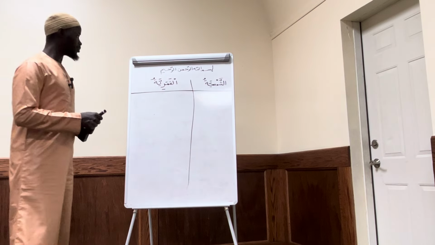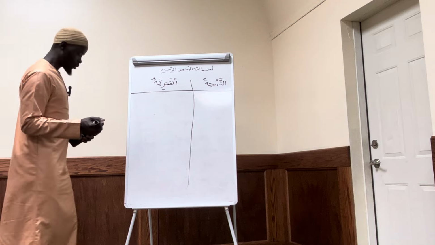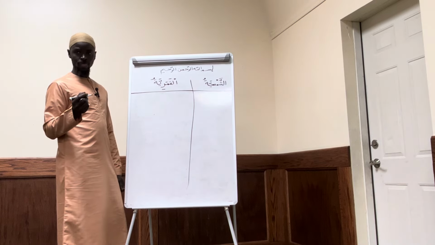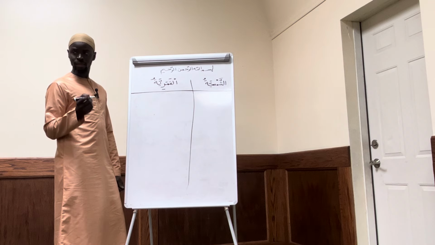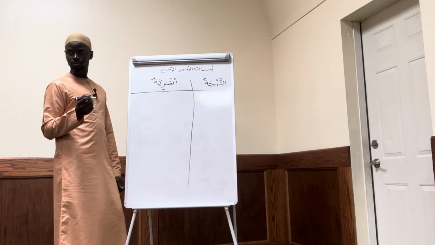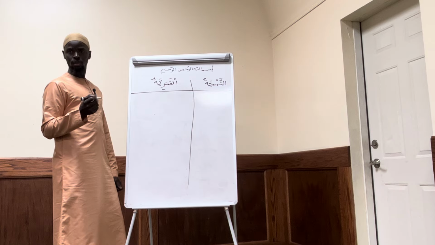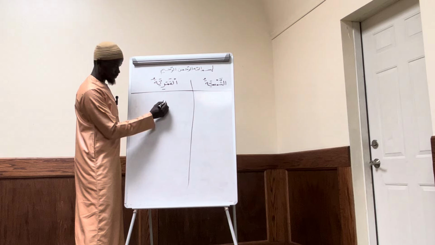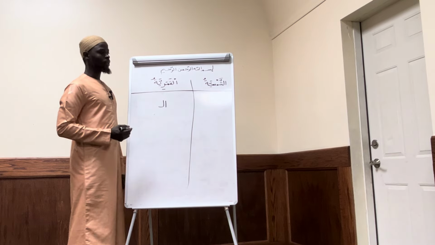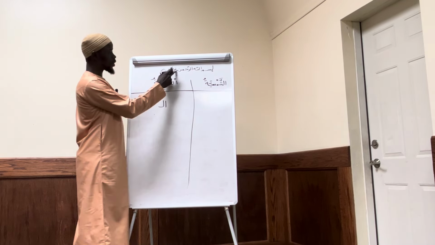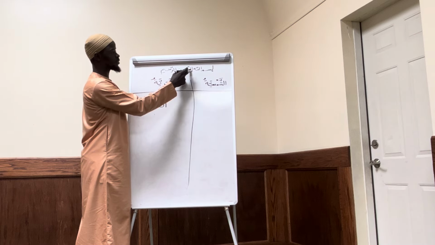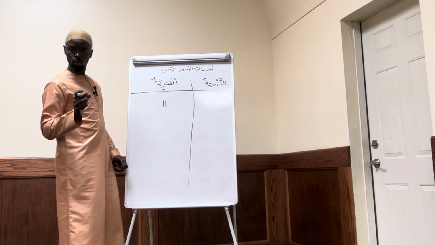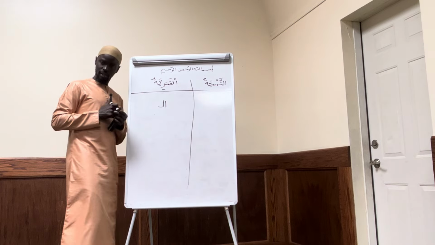So always remember, before you're going to have a sun letter or a moon letter, there must be something, which is what? Alif and lam. This one and this one, before you can have a sun letter or a moon letter.